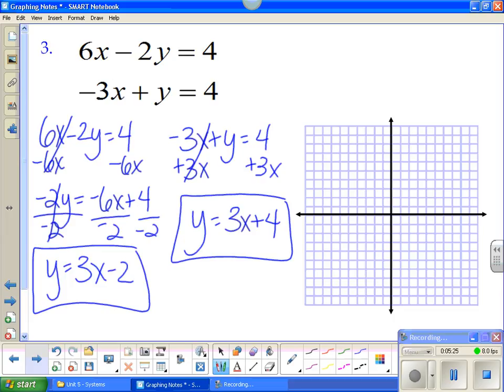So what does that mean? Well, let's look at it. To graph the first one, I would go down 2 and put a dot, and then up 3, right 1. And draw your line. The other one, I would go up 4, and then I would go up 3, right 1. And draw my line.